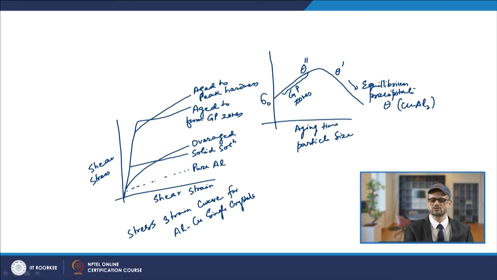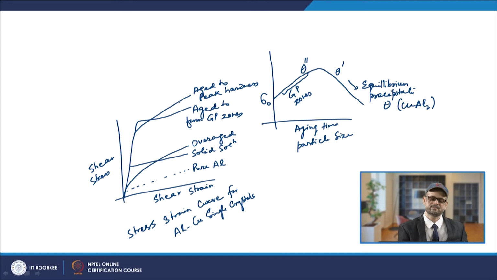Now, in the case of solid solution it is also quite flat, and when you are aging to form GP zones, certainly we are getting quite a high yield stress value. Yielding is occurring at this point, and then you have this strain hardening rate. And if you go to peak hardness, this is the maximum you see; the strain hardening rate is continuously increasing.